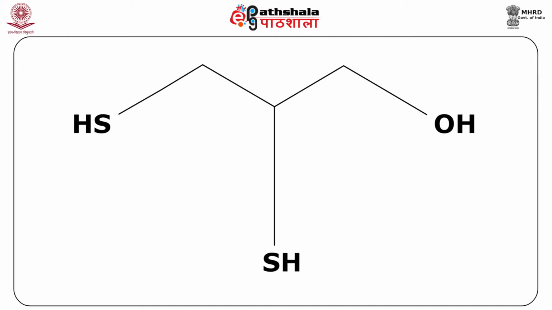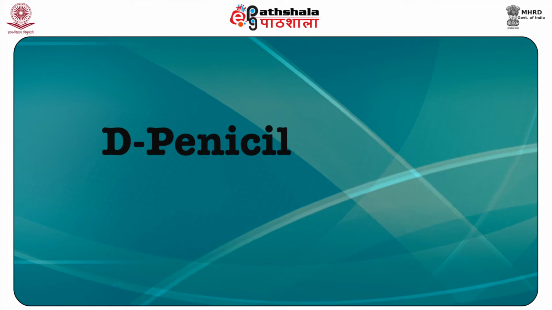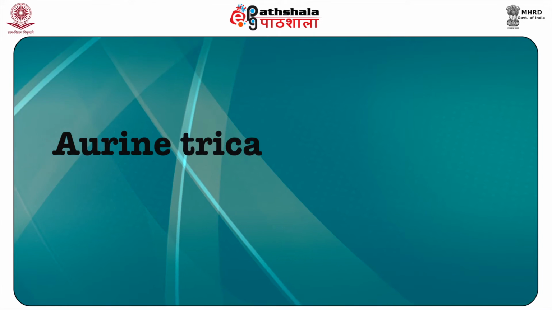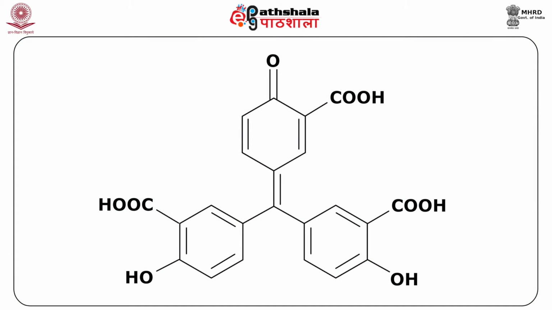It is also used for treatment of poisoning caused by mercury, arsenic, gold, etc. D-penicillamine. It is used for urinary excretion of copper in Wilson's disease. Ornithine tricarboxylic acid. It is effective in the treatment of beryllium poisoning.